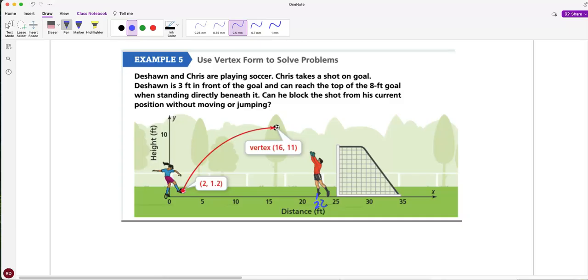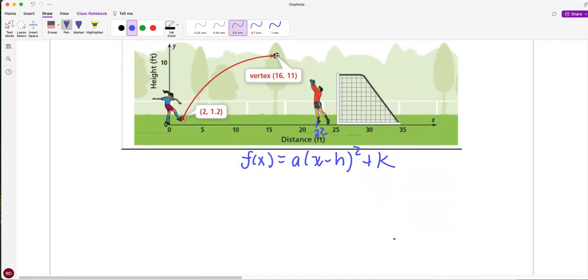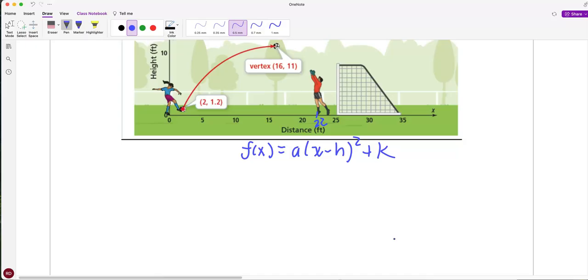So if I look at the formula here, f of x equals a, x minus h squared plus k. So h, k, that's my vertex. So I get f of x equals a, x minus 16 squared plus 11.